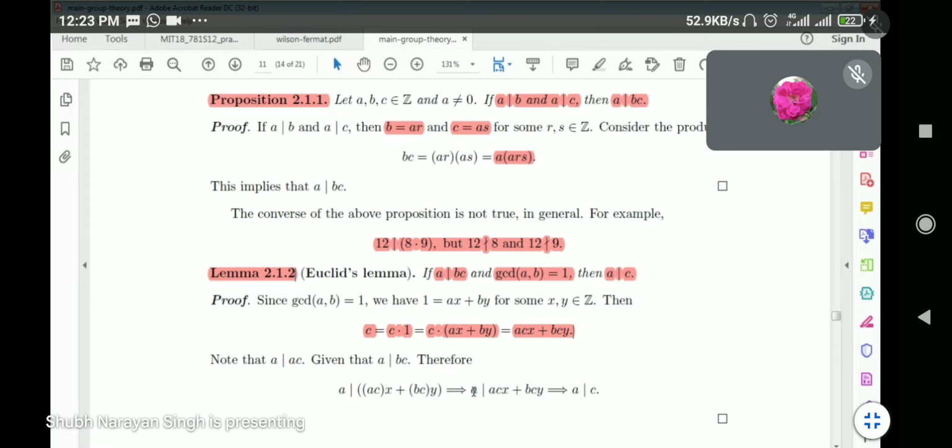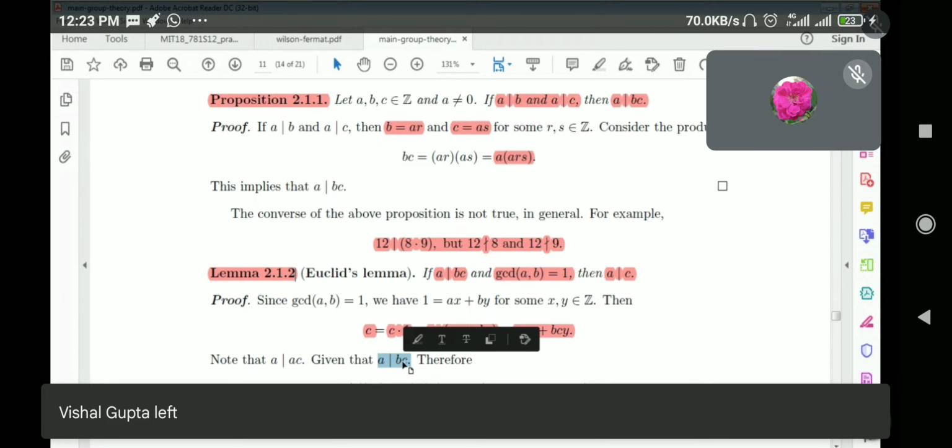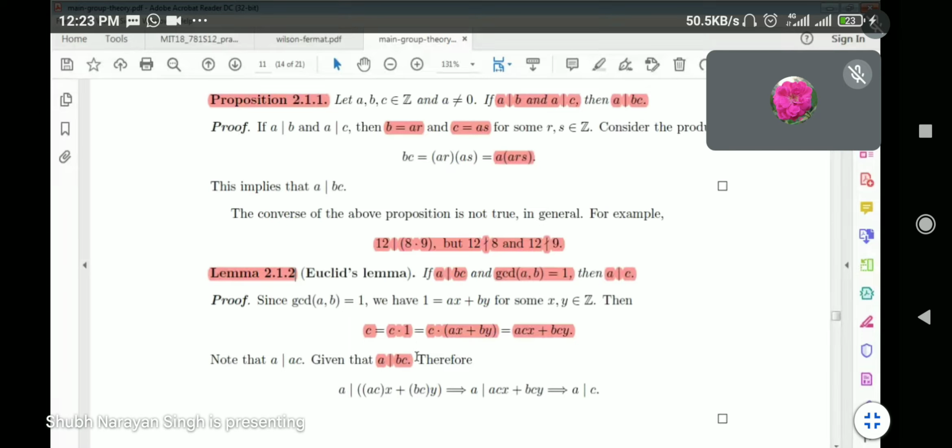Now this is a given information, A divides BC.